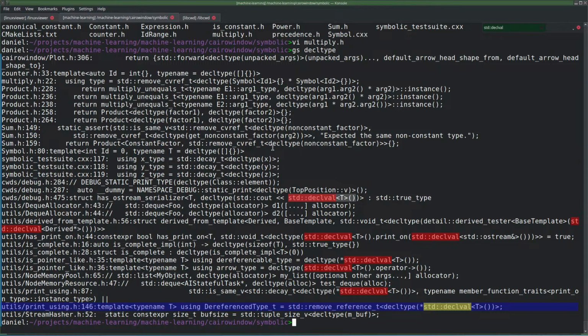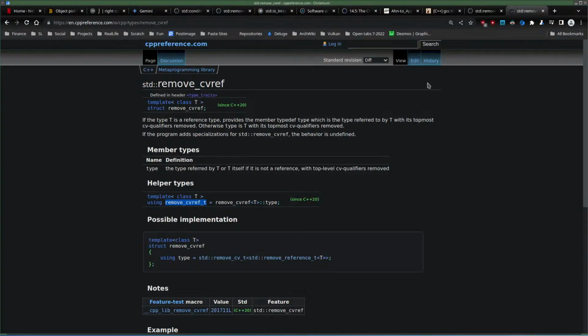What is the difference between remove CV ref and decay type? This one says, if T is a reference type, provides the member typedef type, which is the type referred to by T, with its topmost CV qualifiers removed.